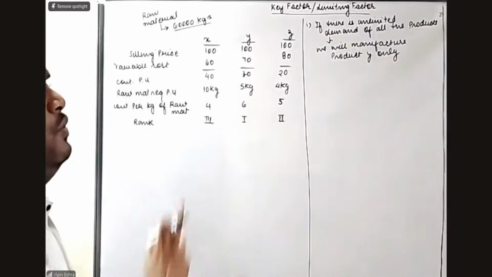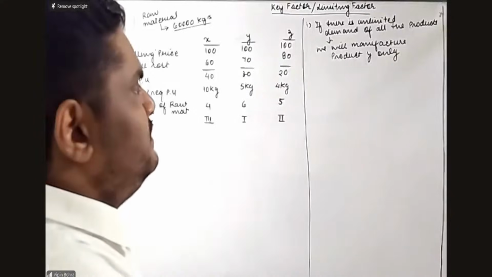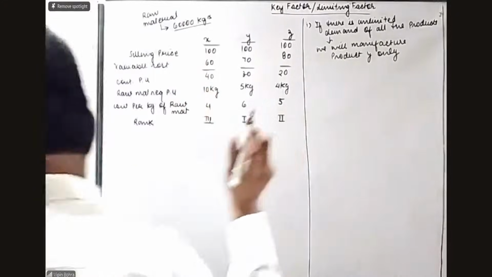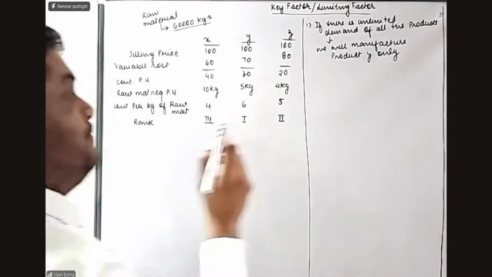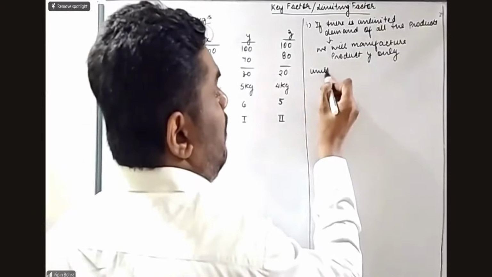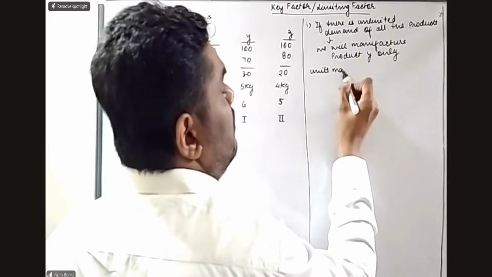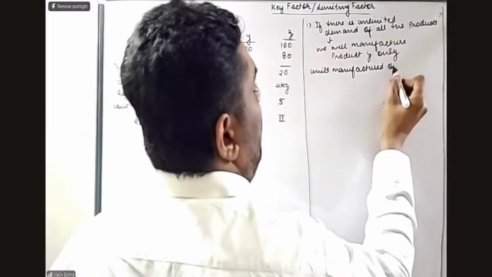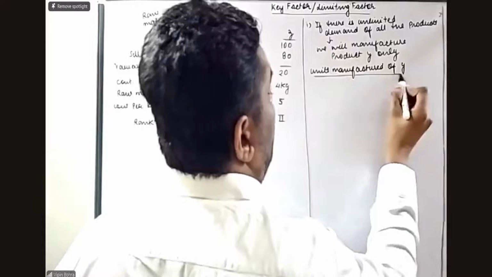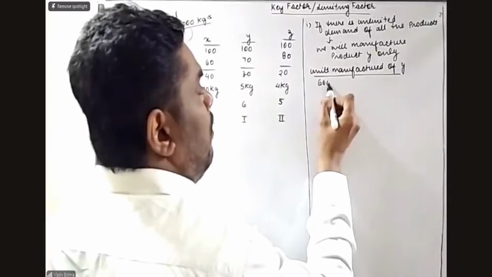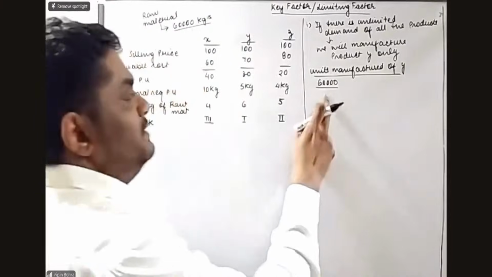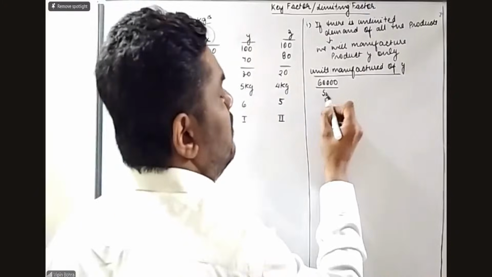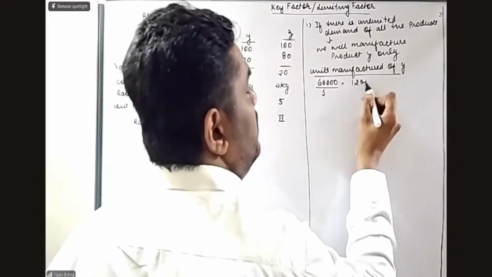As the contribution per kg of raw material is highest, how many units will we be able to manufacture? Units manufactured will be 60,000, which is my total raw material, and every unit requires 5 kgs. So 12,000 units.